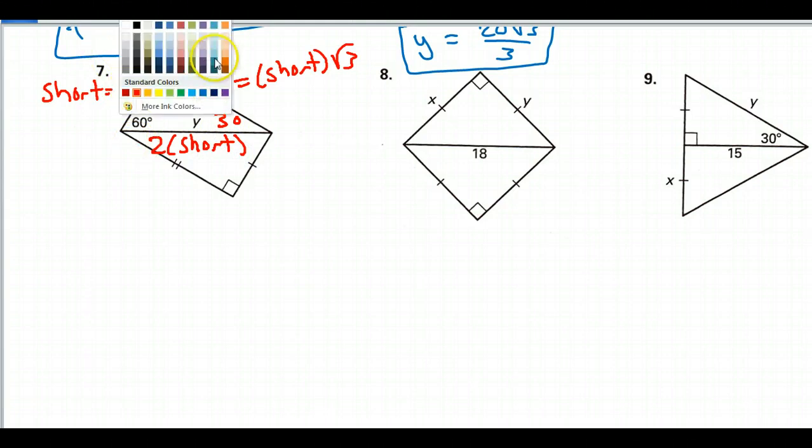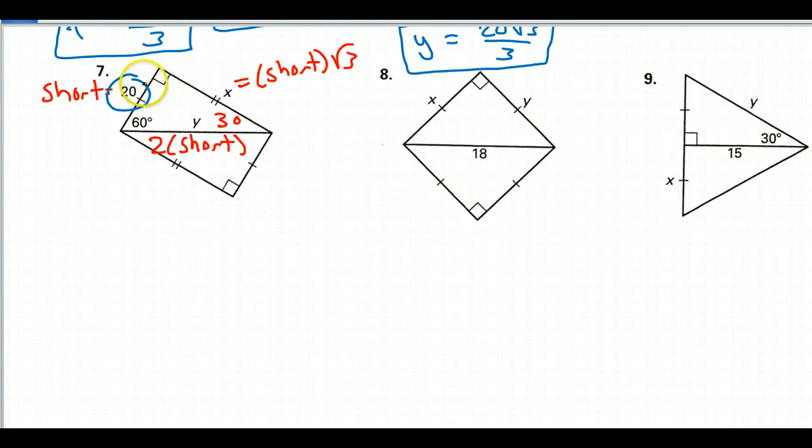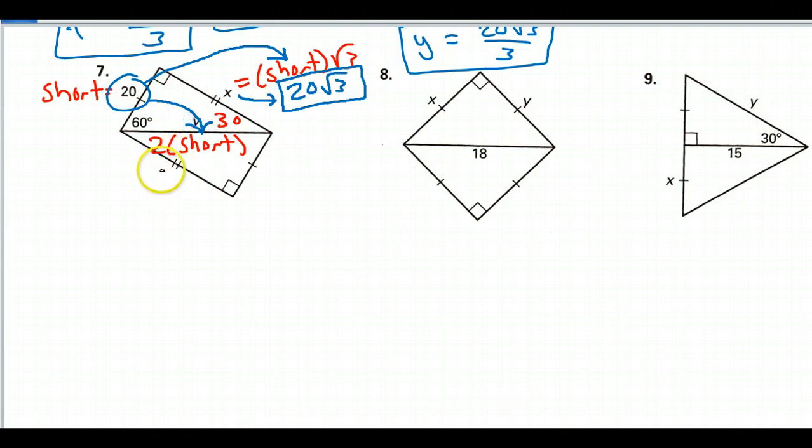So if the short side is 20, that means this side is going to be 20 radical 3. Alright, so that's x. If short is 20, that means this side is 2 times 20, which is 40, of course. So that's going to be y.